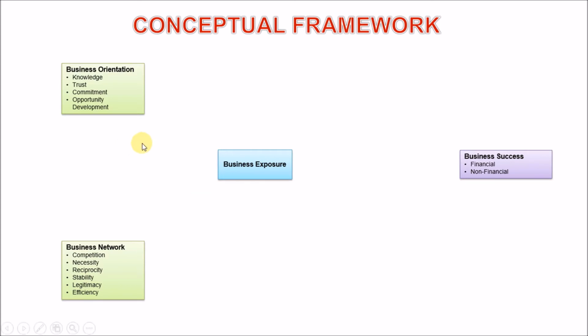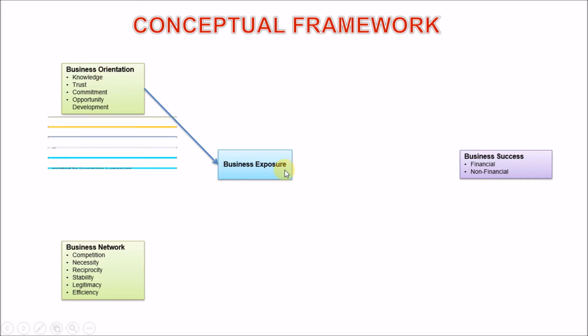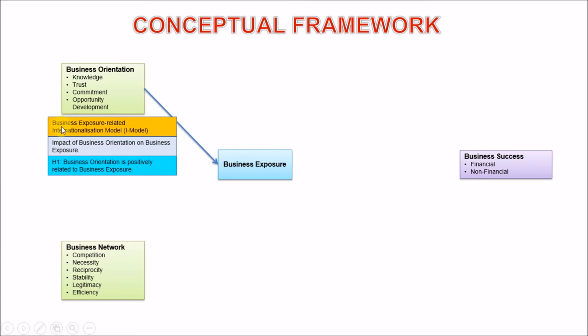So let's take a look at business orientation. The first one, business orientation towards business exposure. Here we have a few things. We have business exposure related to the internationalization model, which is called the I model. So this is theoretical support. And we have the impact of business orientation on business exposure. Yes, this is empirical support. We have plenty of support where researchers have talked about the relationship of business orientation and business exposure.